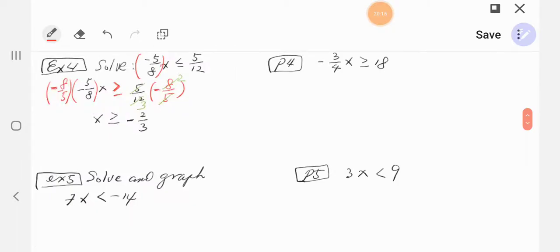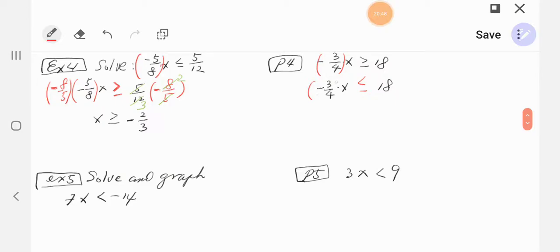How about this one? This fraction is a negative number, right? So we will multiply by the reciprocal of this negative number. Since this is a negative number, we have to flip the symbol. So let me multiply each side, negative 3/4 x by what?